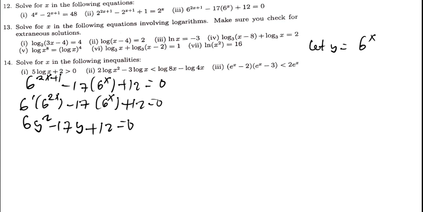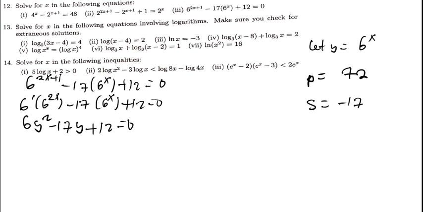So now I have got the product of 6 times 12, 6 times 2, then 6 times 1 is 6, so it's 72. Then the sum is negative 17. So what can be the factors?